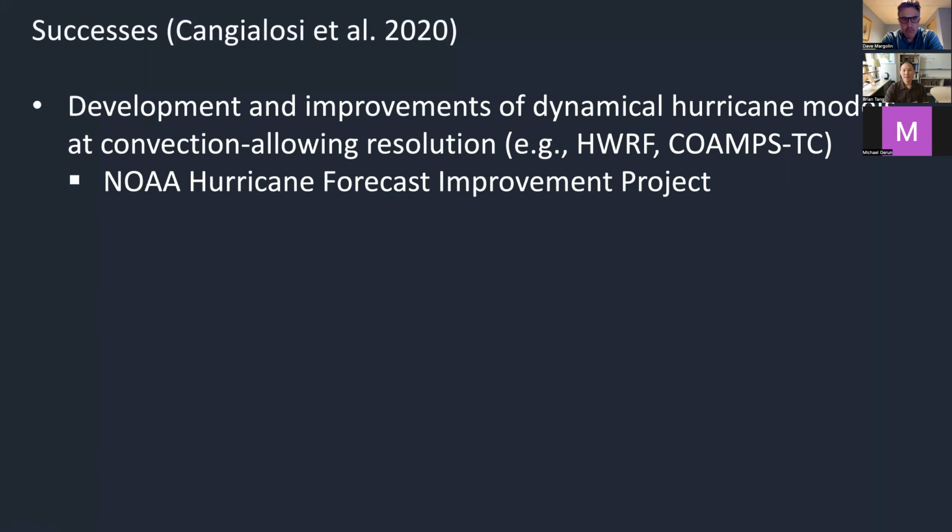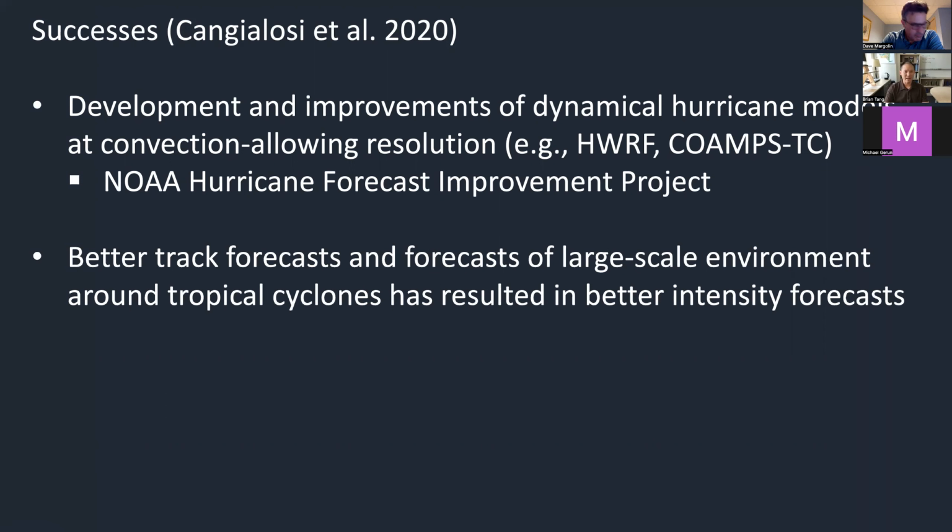Okay, so the successes: developments and improvements in dynamical hurricane models at convection-allowing resolution, to HWRF. Certainly I remember looking at the HWRF, I'm like, wow, this is really leaps and bounds, in the early, about a decade ago, of improvements. And HFIP was a big part of that. But also the track forecasts, right, have improved.